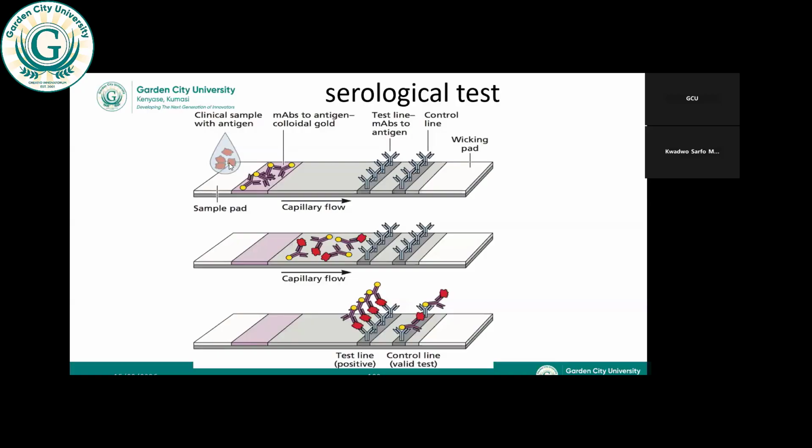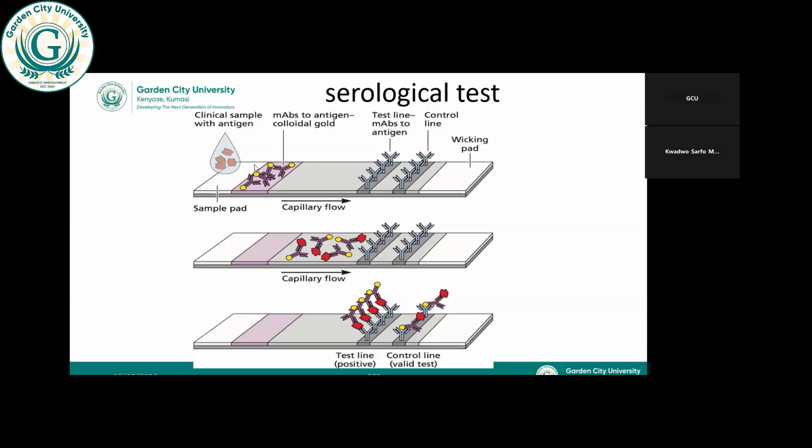And we also have a test line and a control line. The test line has anti-immunoglobulins that are specific for the target antigen. Then we have another control line that has antiglobulins that are non-specific.